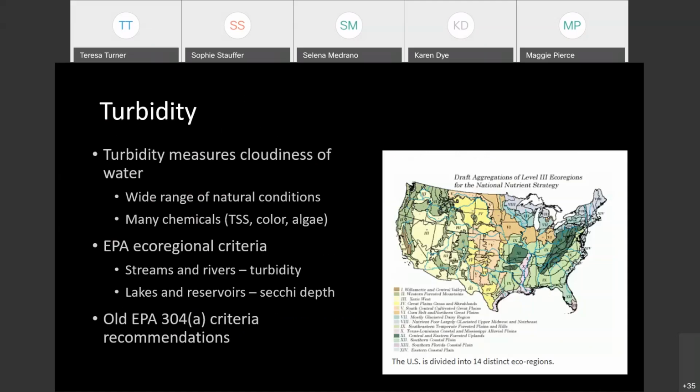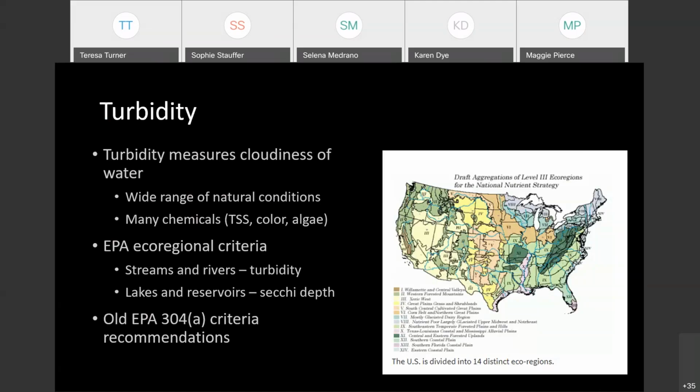So next we'll be talking about turbidity. Turbidity is a measure of the cloudiness of water. As you can imagine, there's a wide range of natural conditions associated with turbidity. Turbidity is a parameter that is affected by many different types of water chemicals, total suspended solids or TSS, color, algae, all these things can contribute to turbidity.